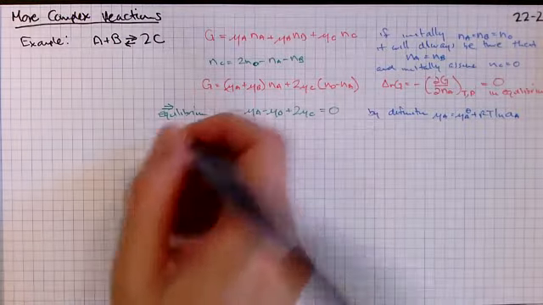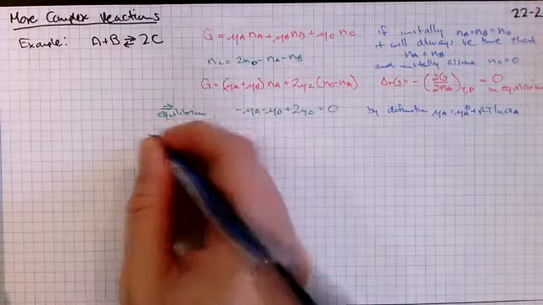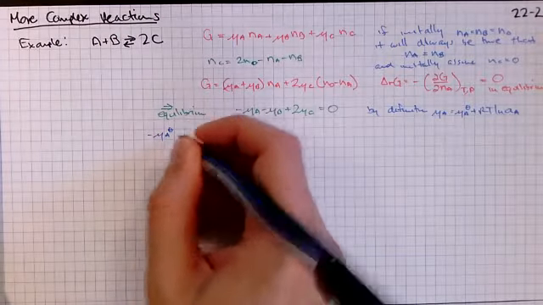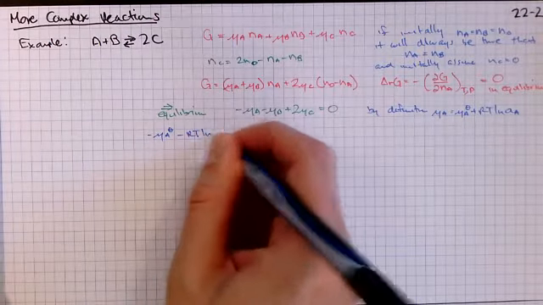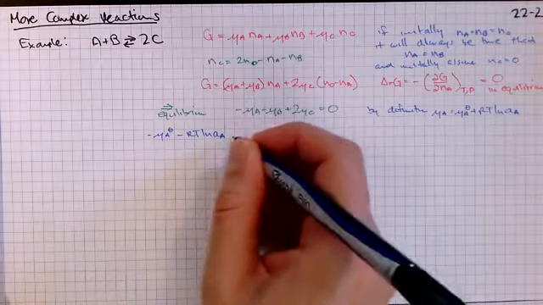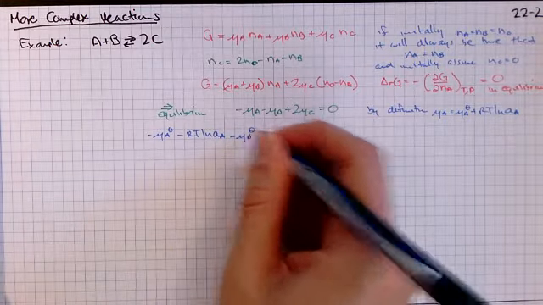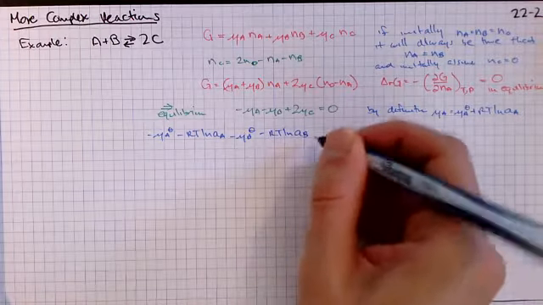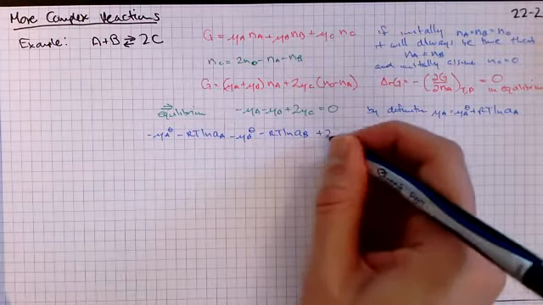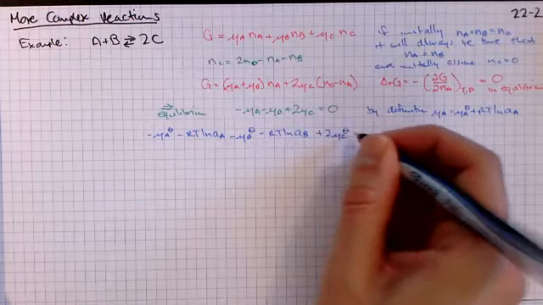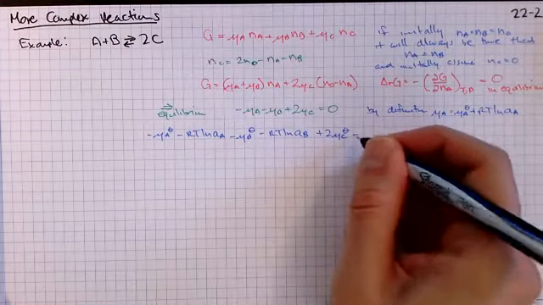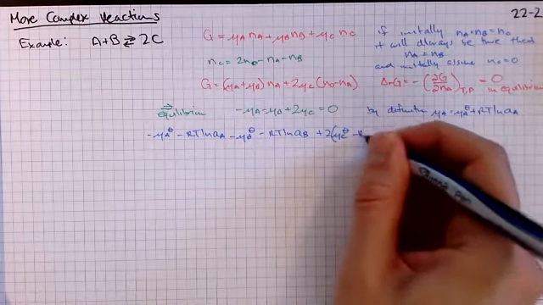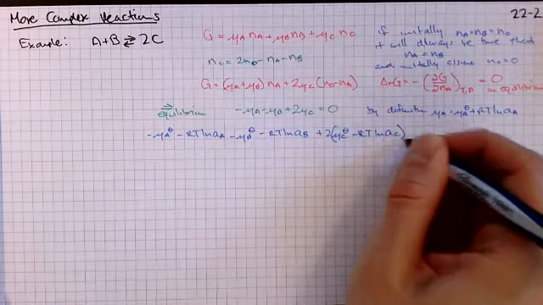So we get minus mu A theta minus RT natural log of aA, minus mu B theta minus RT natural log of aB, plus 2 mu C theta, let's put parentheses, minus RT natural log of aC.